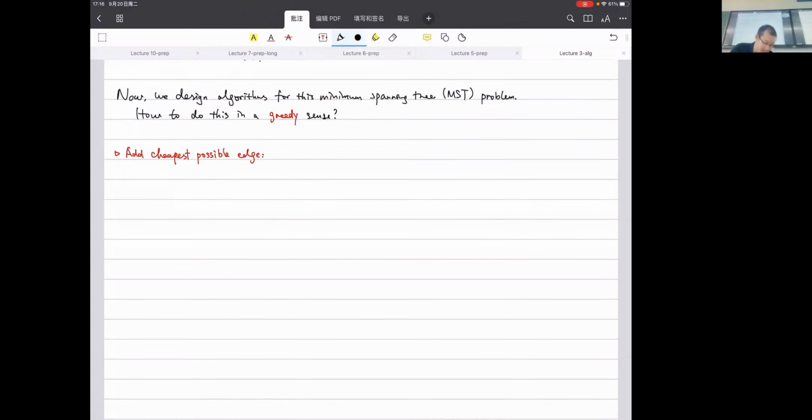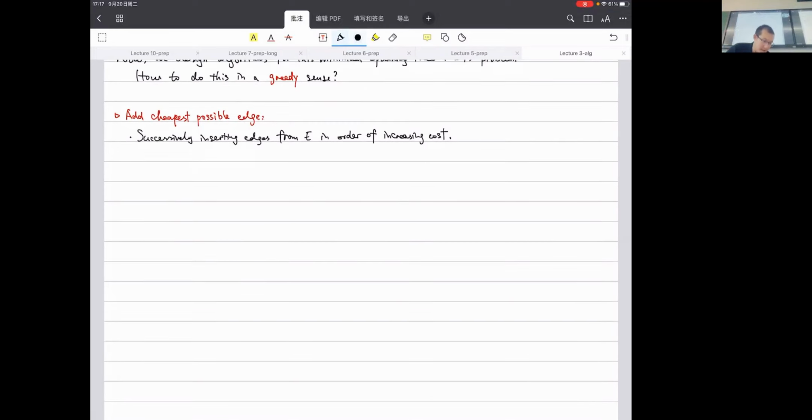Let's successively insert edges in order of increasing cost. At the beginning, we can do a sorting: we have all the edges and their corresponding costs. We sort them and add edges from the cheapest to the most expensive, and in this sense we successively insert edges.